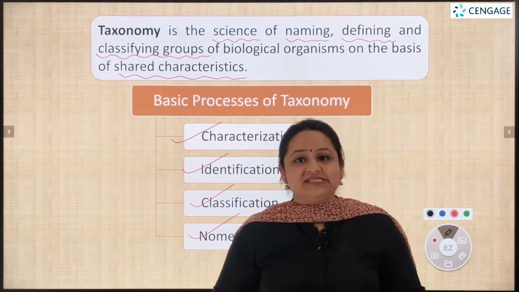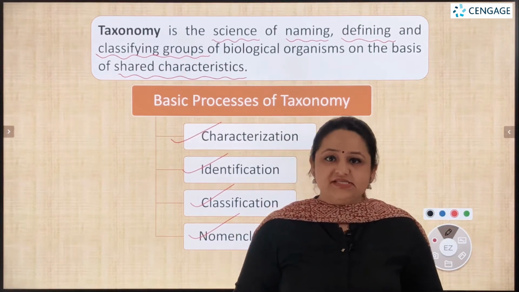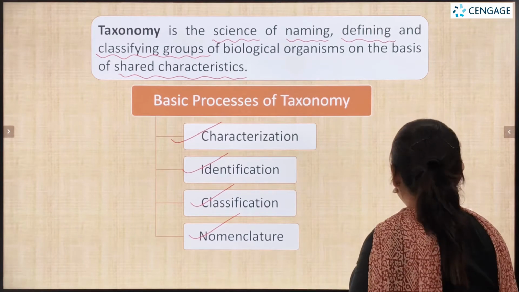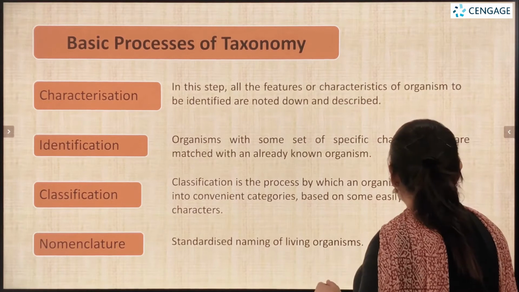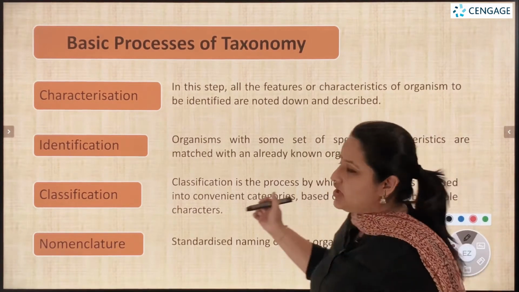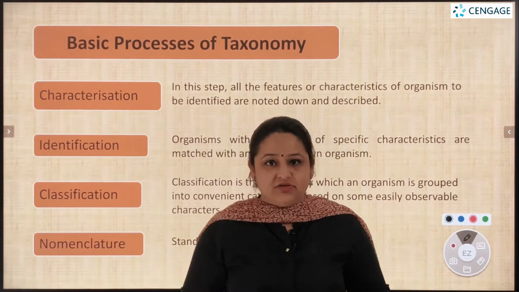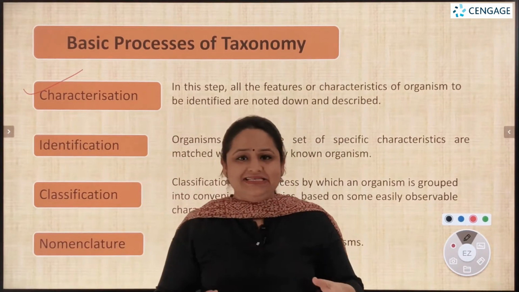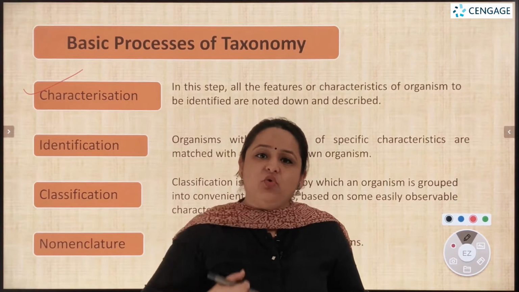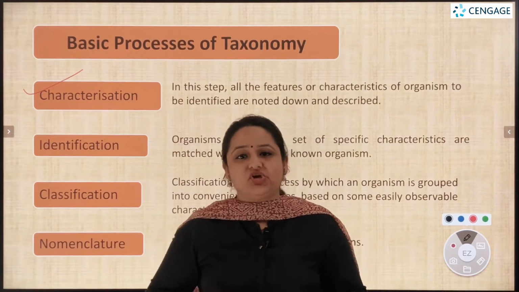So let's discuss each of these basic processes of taxonomy in detail. The very first process which is involved in taxonomy is characterization. What exactly is characterization? Suppose a scientist has discovered a new organism about which he does not know.